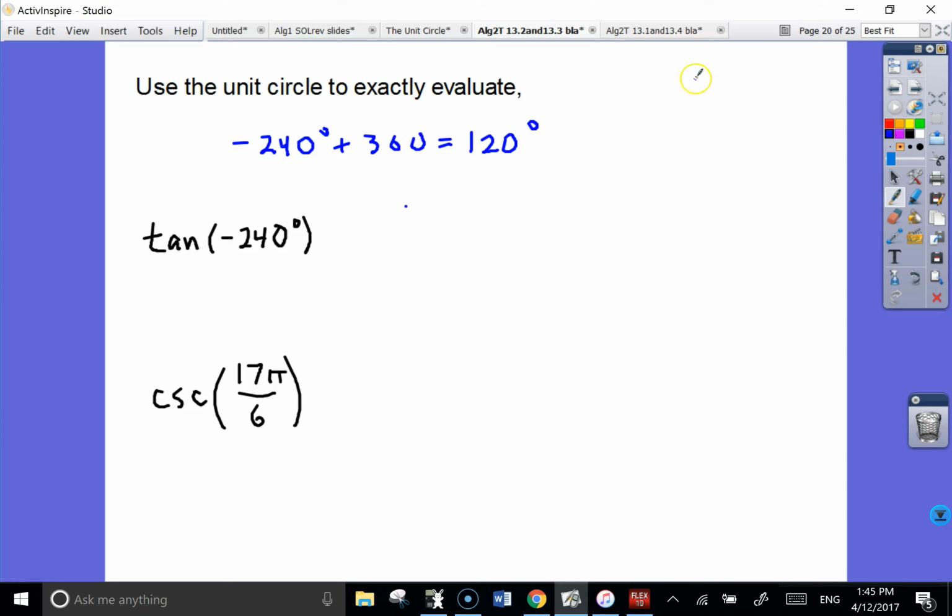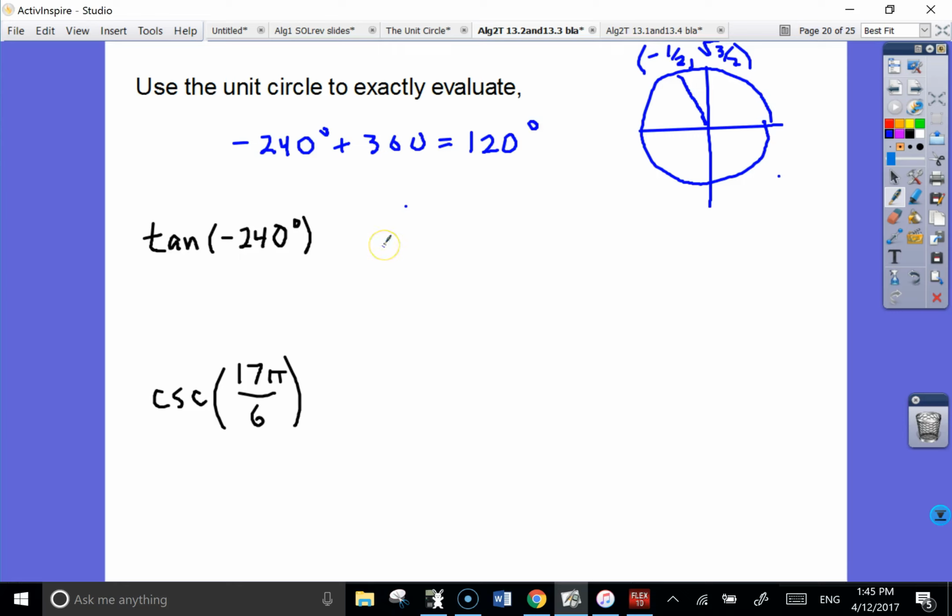120 degrees, if I draw my little circle, that's 30 past 90. That's right there. So that's going to be root 3 over 2 and 1/2 in some combination. Looks like it's negative 1/2, positive root 3 over 2, since it's farther up than it is to the left, just 30 degrees past straight up.